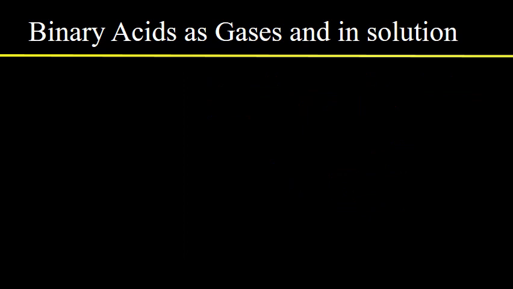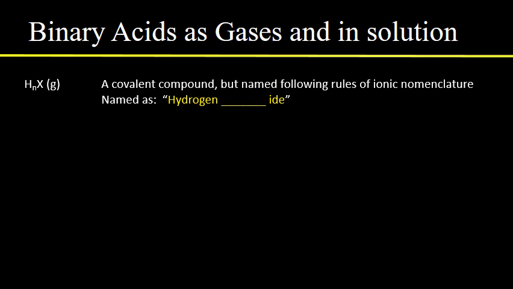Binary acids can exist in two different forms. They can exist as gases, and all of these gases are very water soluble, so you can dissolve them in water to make solutions. And what's important about these is that the name of the compound is different depending upon whether it's in the gas phase or as a solution.